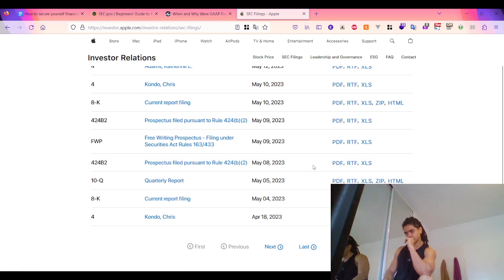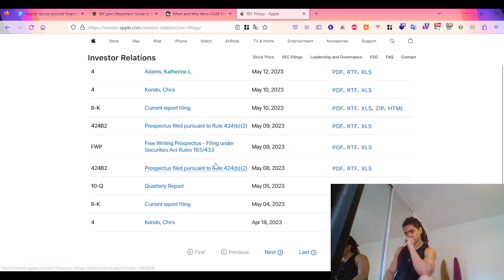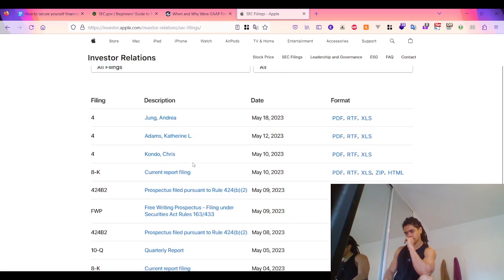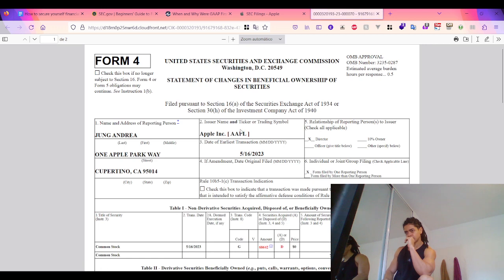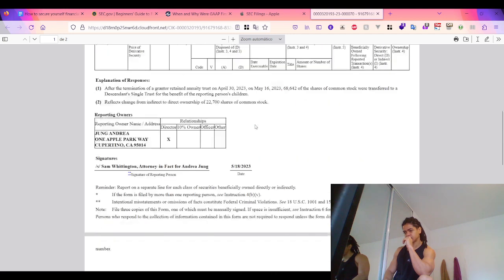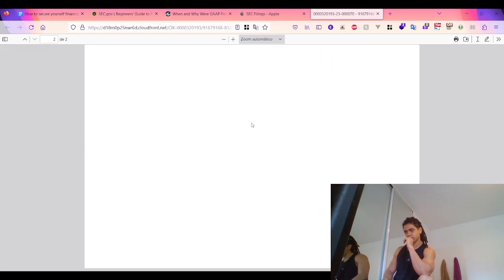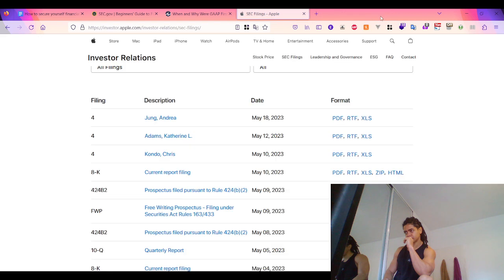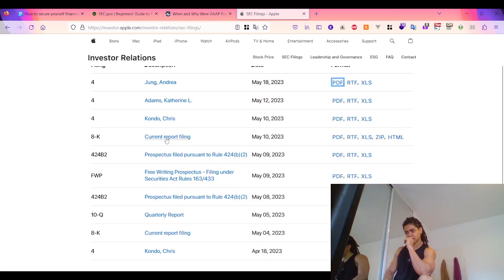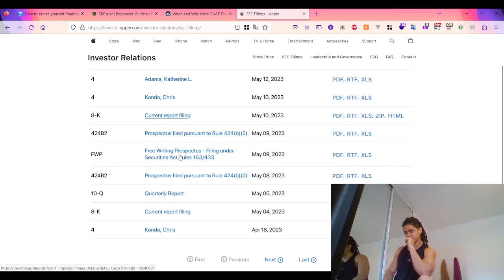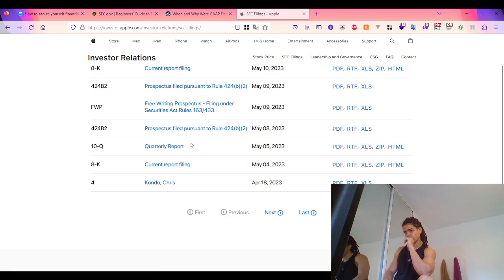Quarterly report. Form 4, statement of changes in beneficial ownership of securities. But this is not a financial statement. Current reporting filing. Quarterly report.